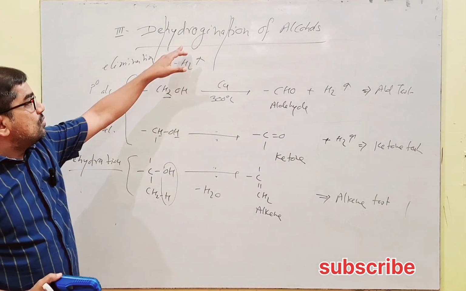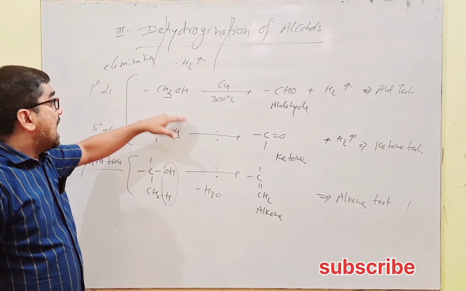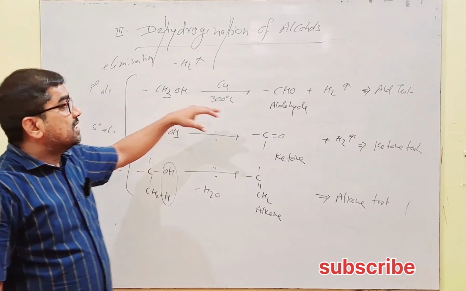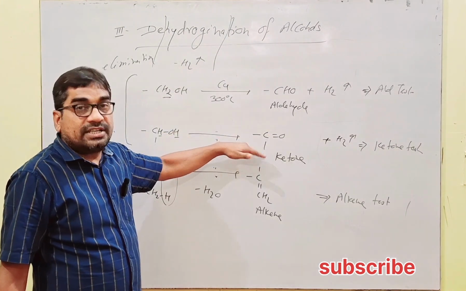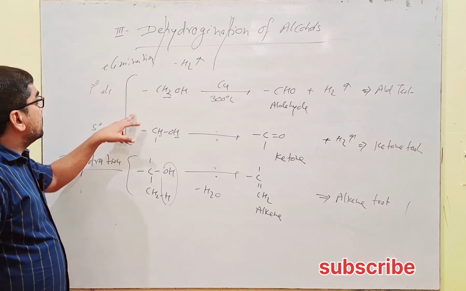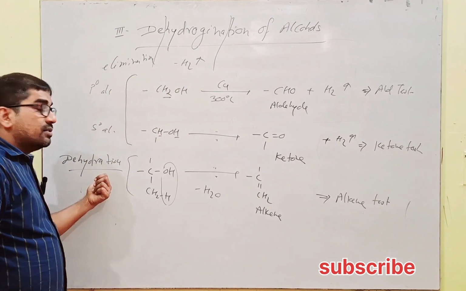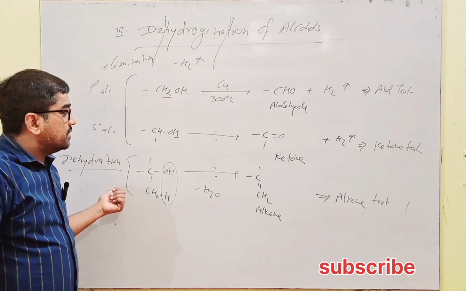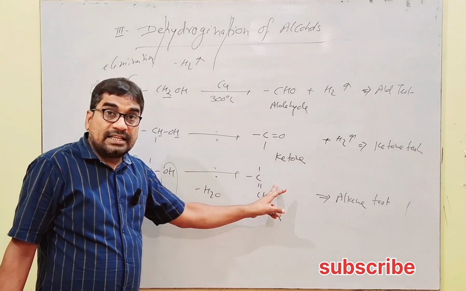So in the dehydrogenation process, primary and secondary alcohols give aldehydes and ketones and give the aldehyde and ketone tests. While tertiary alcohol doesn't undergo dehydrogenation, in place of it undergoes dehydration, elimination of water, and the final product obtained is alkene.